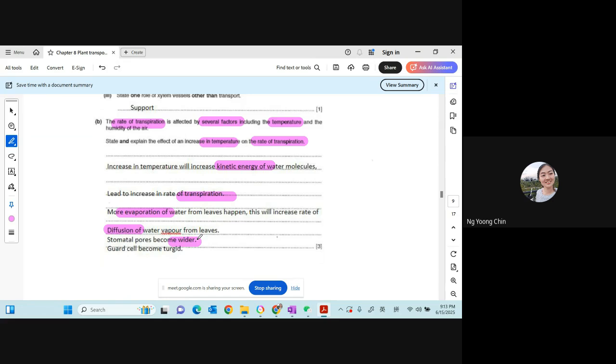So once the stomata opens, it means that the guard cells will become turgid. Because the turgid guard cell allows the opening of the stomata. So if the guard cell becomes flaccid, it means the stomata pore will close. Okay, remember this. If the guard cell becomes flaccid, it means the stomata pore will close.